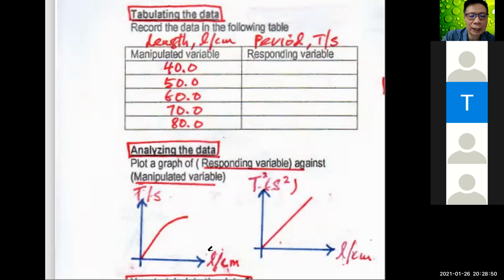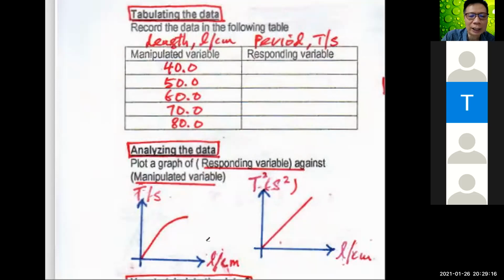And then if you plot T against L, you get a curve, not straight, it curves like that. You will get a graph like this. If I put here T and square it, I use a calculator to square it, then plot another graph.